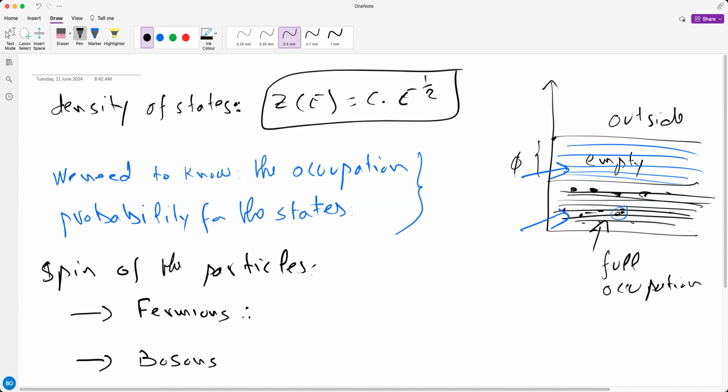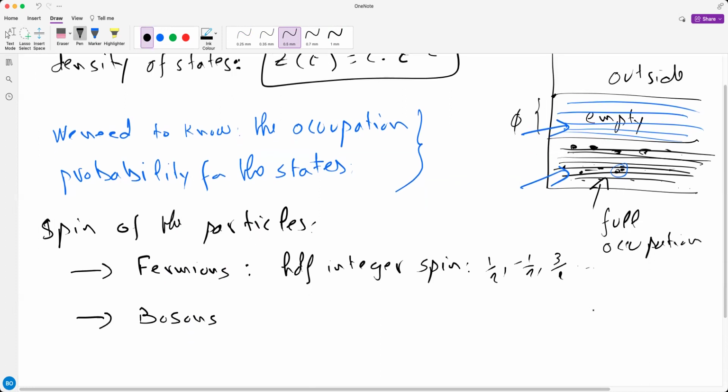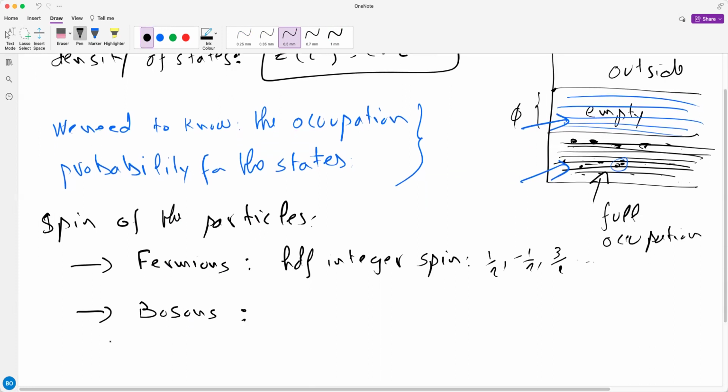The particles called fermions are those that have half-integer spin, for example 1/2, minus 1/2, 3/2, and so on. Those are particles like the electron and the positron. And the other particles have integer spin: 0, 1, 2, and so on.